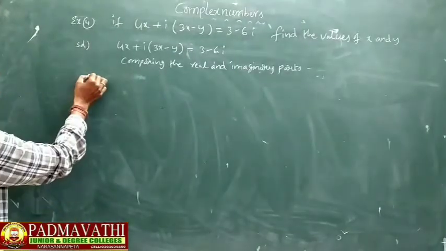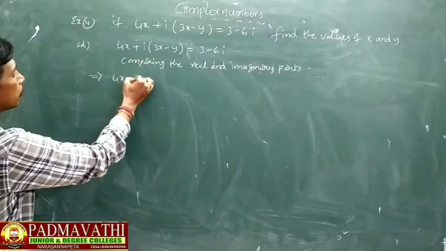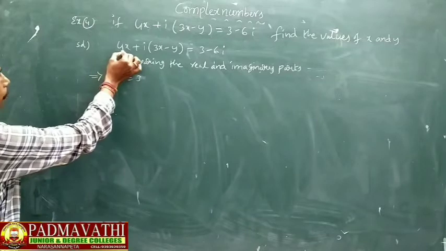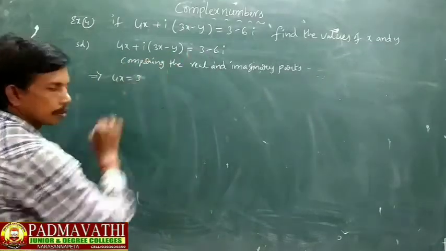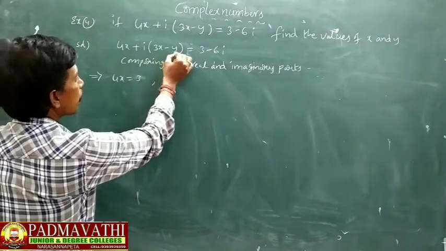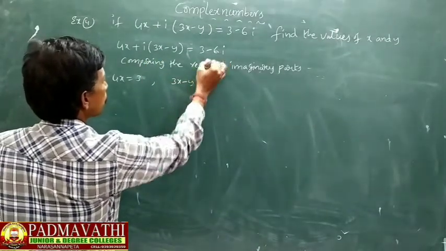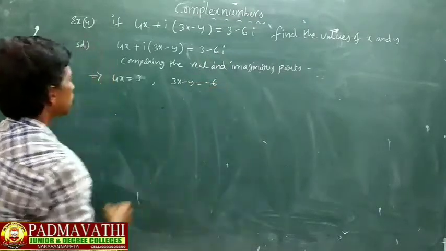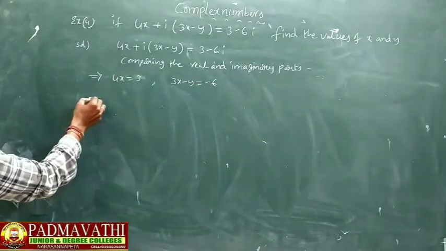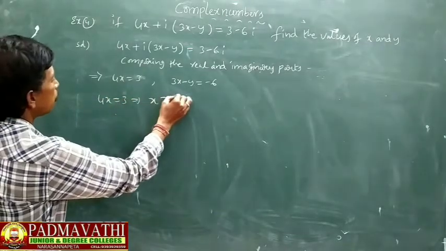The real part is 4x, the real part on the right is 3, and the imaginary part is 3x minus y. The imaginary part on the right is minus 6. 4x equals 3 implies x equals 3 by 4.